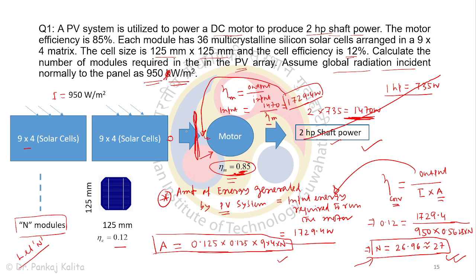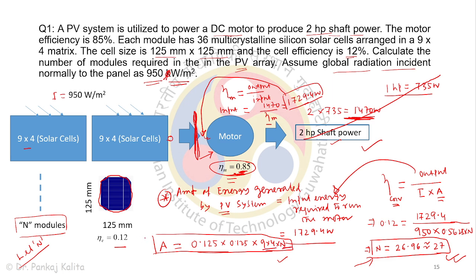Now to generate this much power, how many modules are required? The area of each solar cell is given as 0.125 cross 0.125. There are 36 solar cells in a module, so multiplied by 36, and say there are n number of modules.